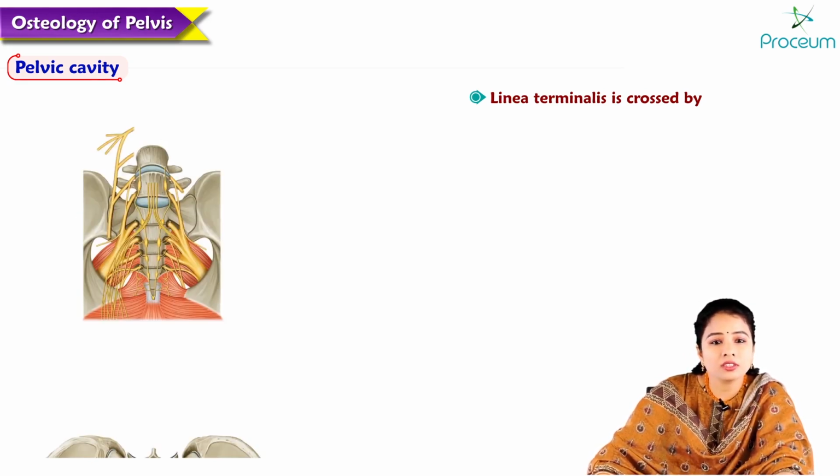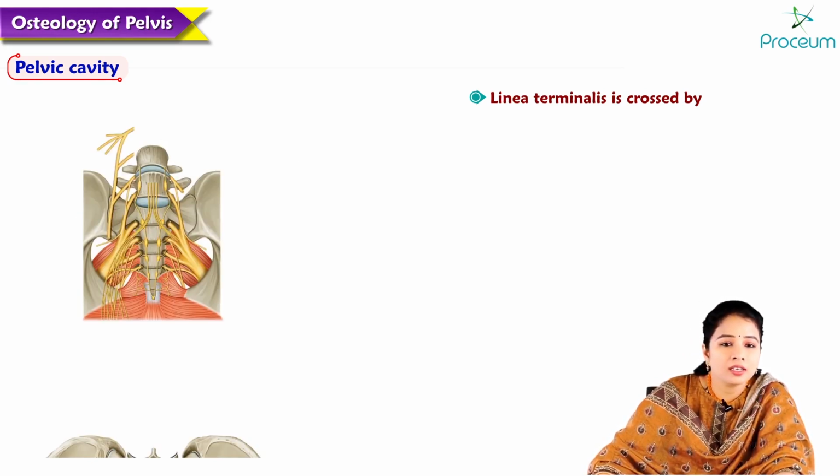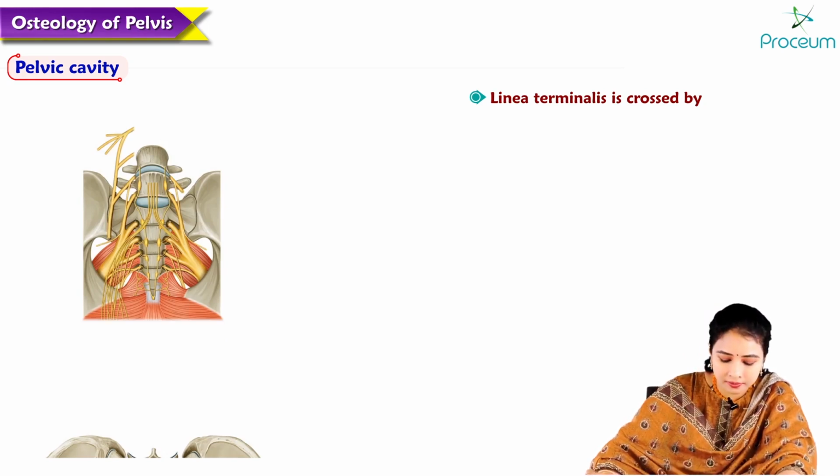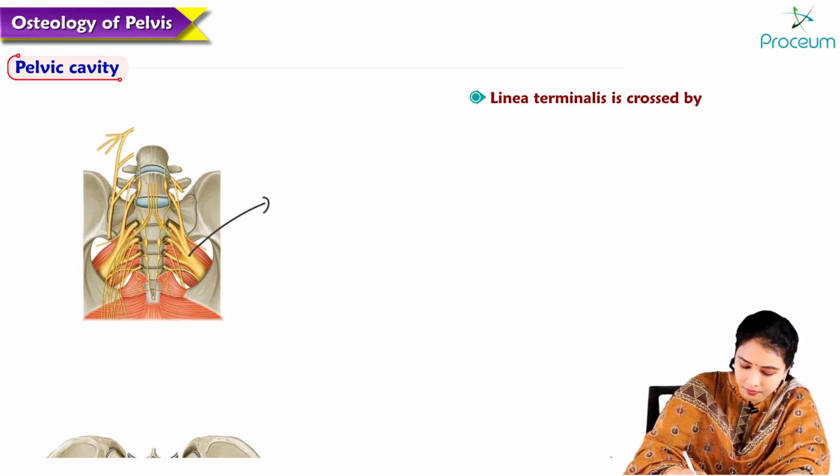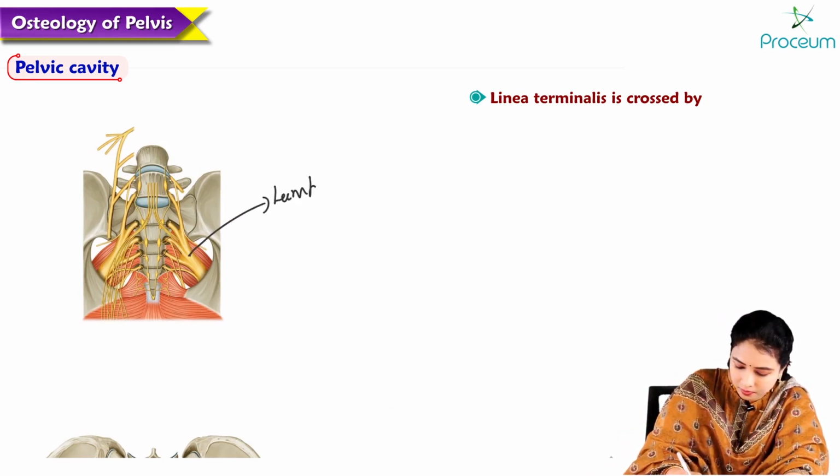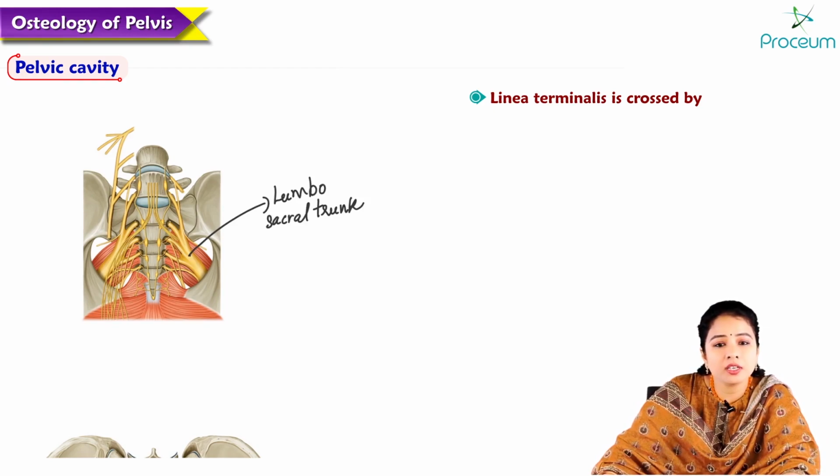The nerves which cross the linea terminalis are the lumbosacral trunk, and it is crossed by the obturator nerve.